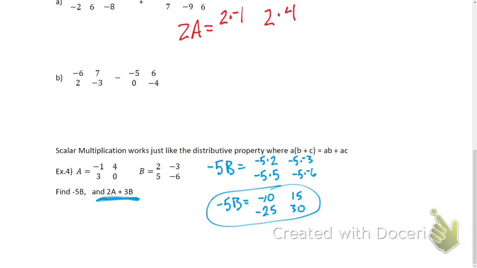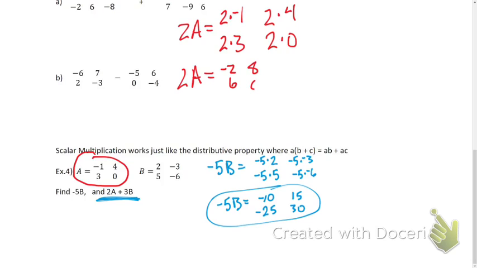Now I'm looking at this matrix right here and 2 times it. 2 times 3, and 2 times 0. So 2A equals -2, 8, 6, 0.